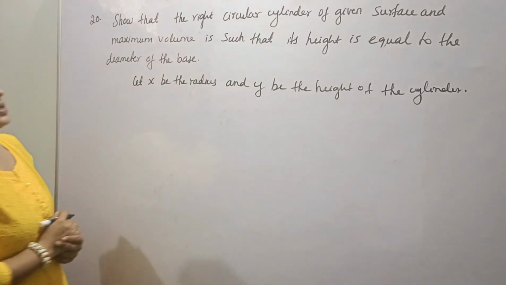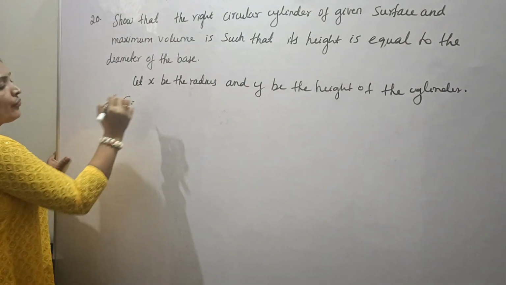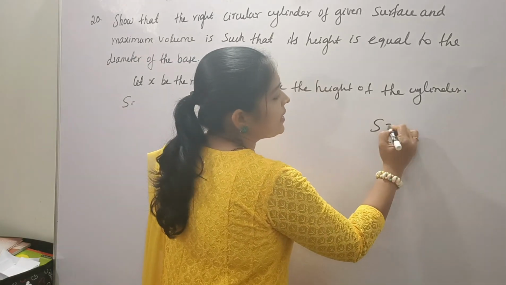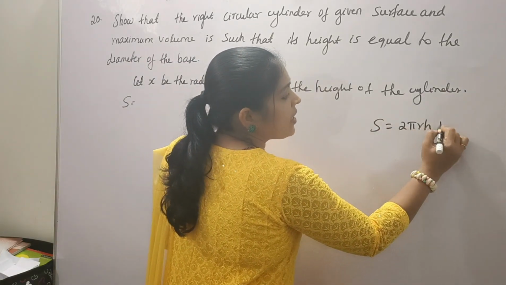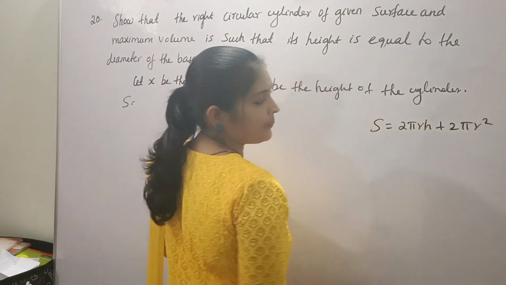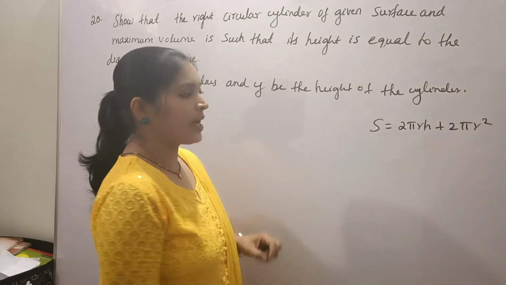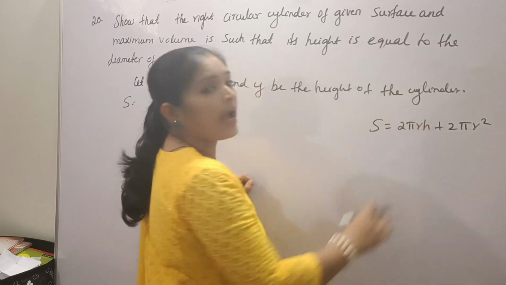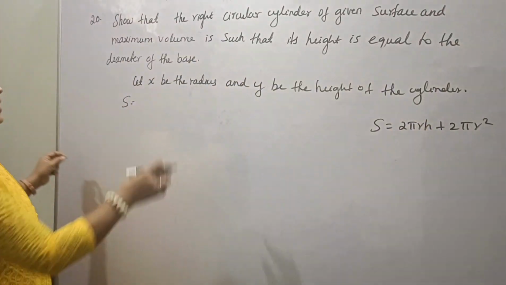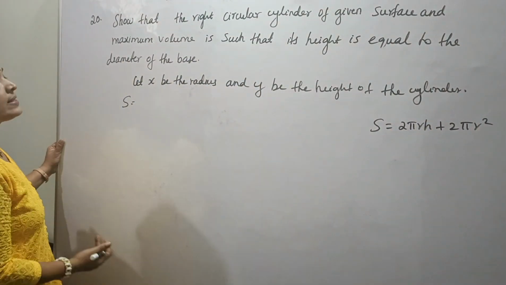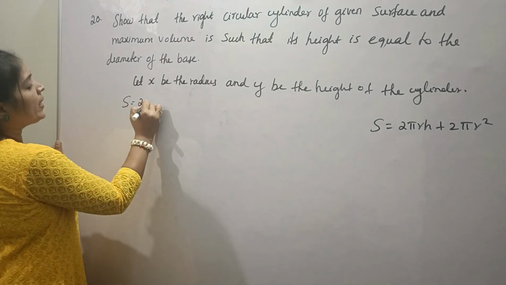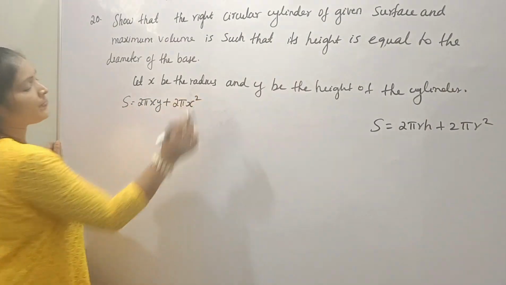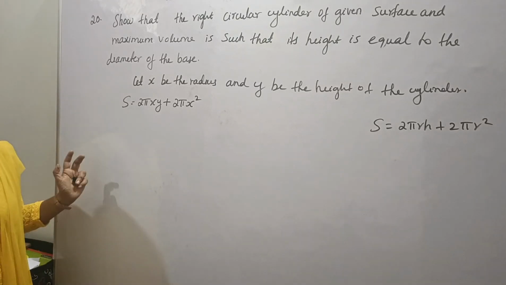Then the surface area S is equal to, we know that the surface area of a circular cylinder is 2 pi rh plus 2 pi r square, where r is the radius and h is the height. Here x is the radius and y is the height, so 2 pi xy plus 2 pi x square is the surface area of the cylinder.